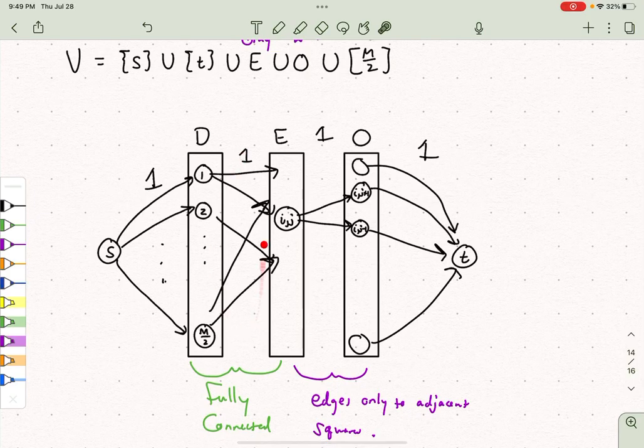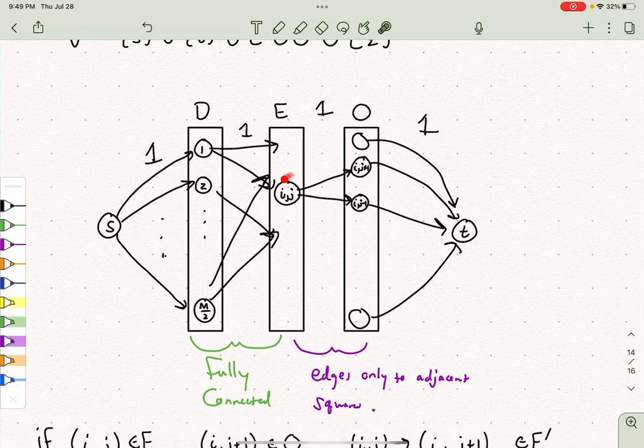Then we have a fully connected subgraph here, so for every pair of domino to even square, we allow the possibility that that domino is matched to that square. There's no bias between which of these squares is better for domino 1 or domino 2.